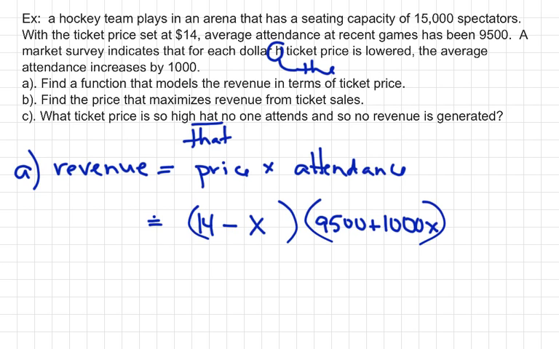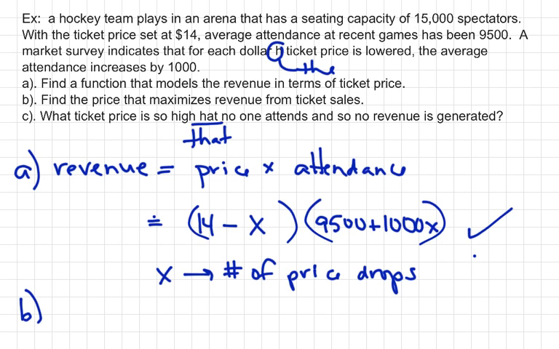X does not represent the number of tickets sold. X represents the number of price drops that occurs. So remember that when we go and do this problem. So here's my equation that best represents the situation.